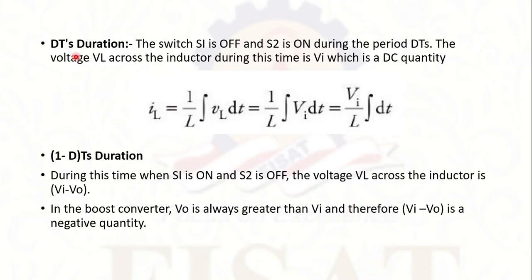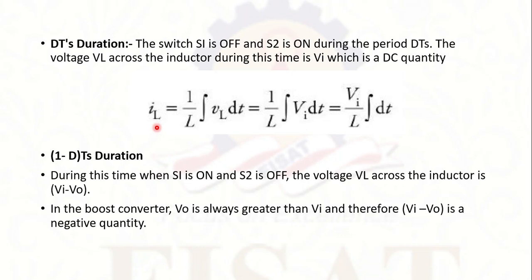So during d into Ts duration, like we discussed, switch S1 is off and S2 is on. So the voltage VL across the inductor during this time is Vi, which is a DC quantity, because here every voltage is DC, but because of the presence of the inductor, there is a small AC component which is not considered.